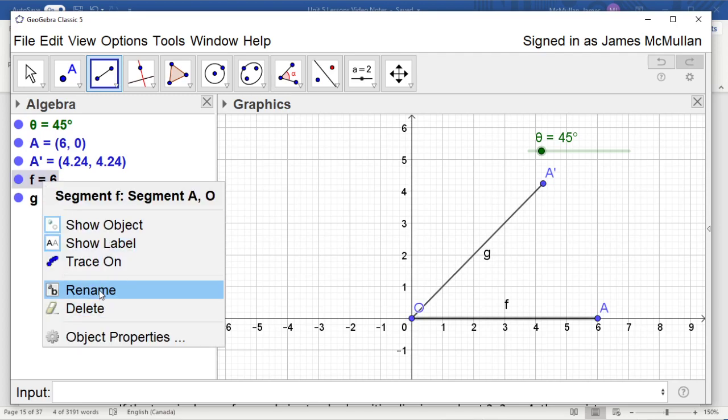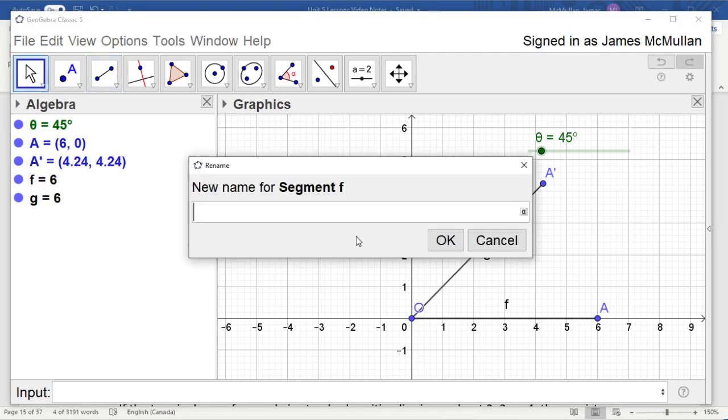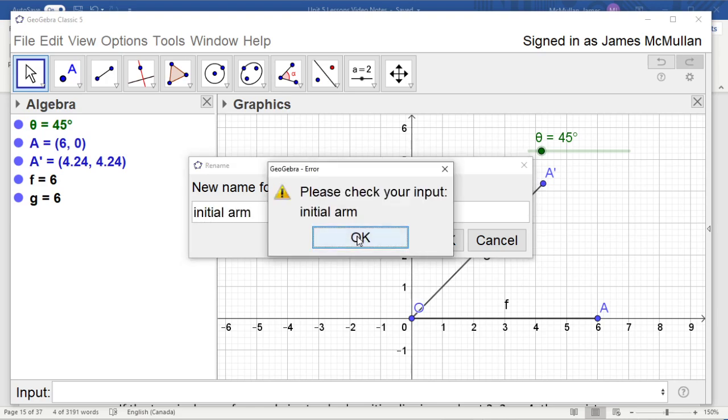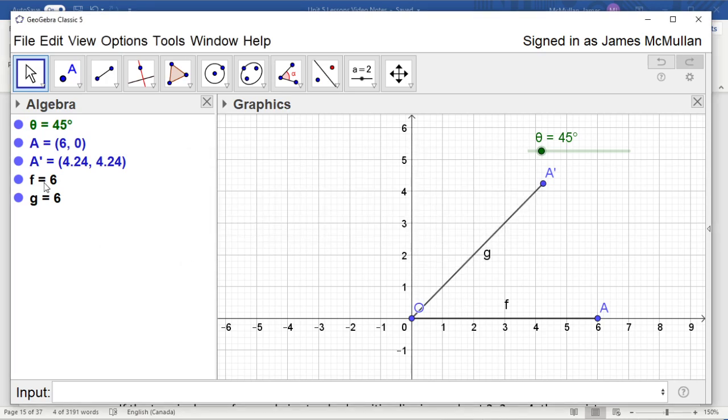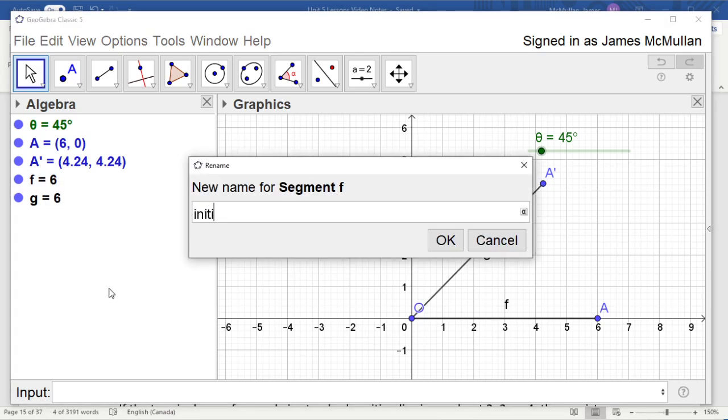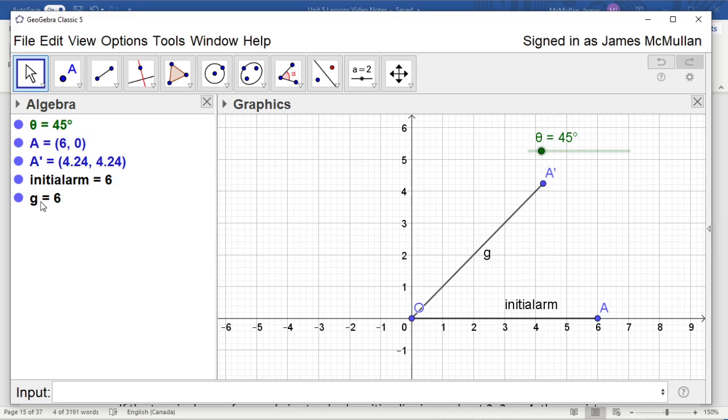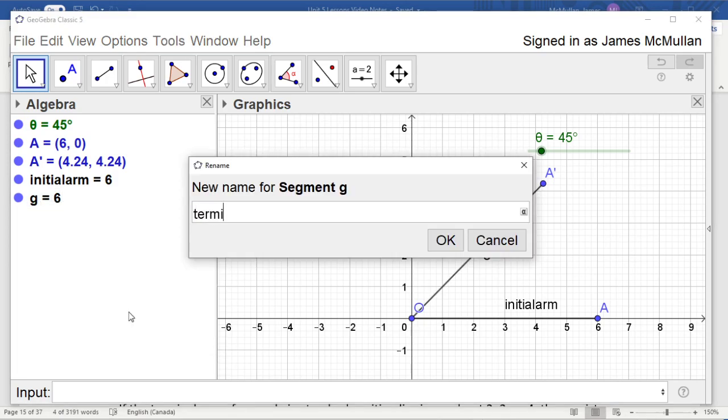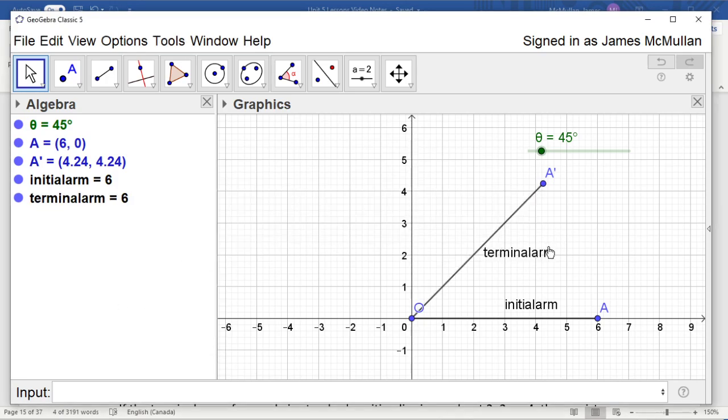I'm going to rename F to be what we call the initial arm. I'm going to rename G to what we call the terminal arm. Terminal means end, and initial means beginning. So this is where the angle begins, and this is where the angle ends.